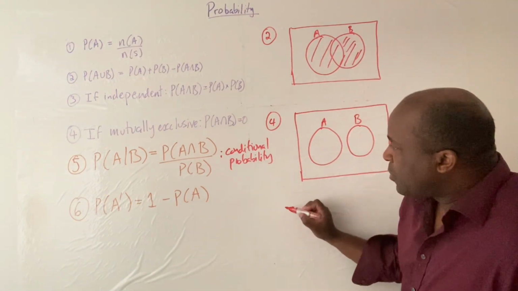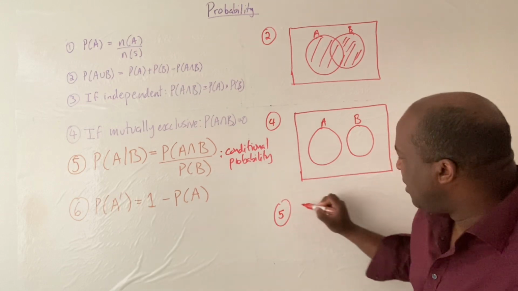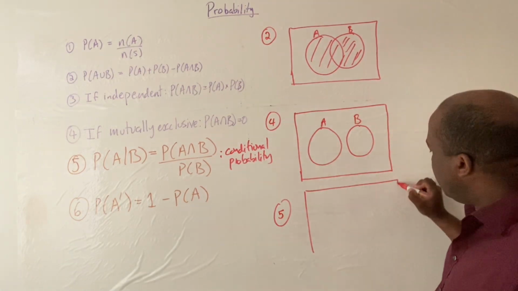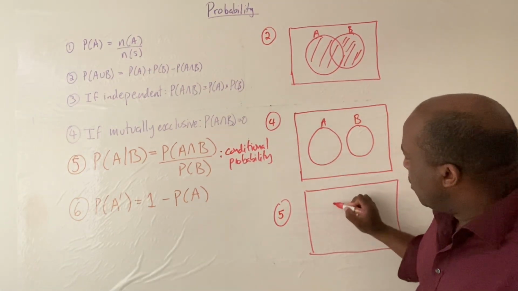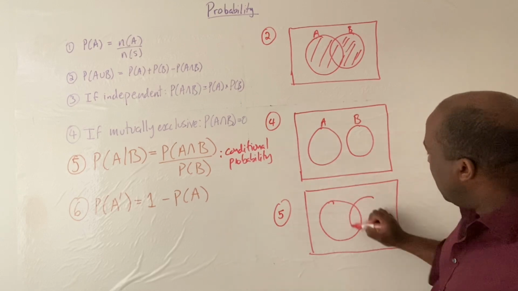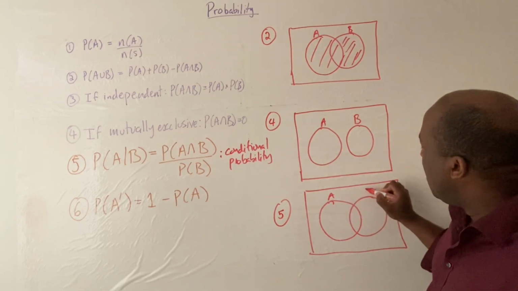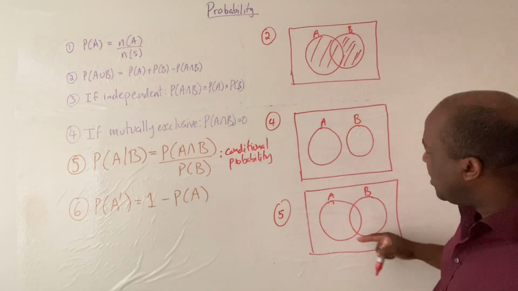In terms of the diagrammatic equivalence, we have set A and set B, and we're arguing that B has occurred.